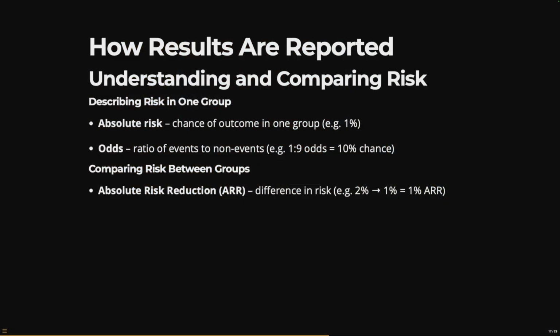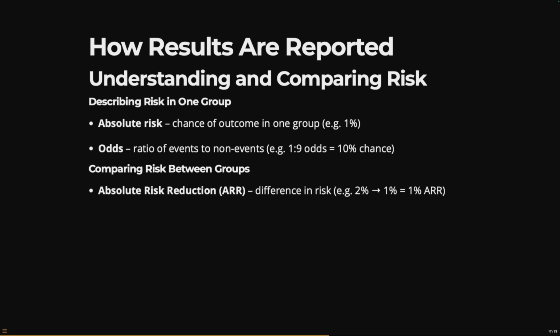Now you can use those metrics to then create some comparison between different groups of those risks. The first one is just absolute risk reduction. So if you're looking at treatment and control groups, you can say, okay, one group, their risk was only 2%. And then the treatment group, let's say that risk went all the way to 1%.